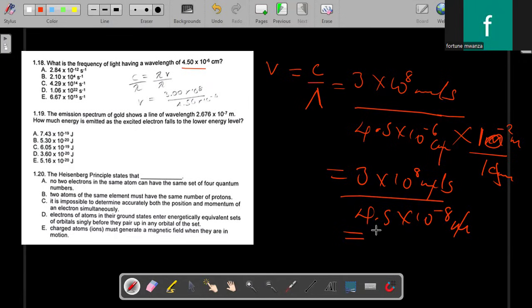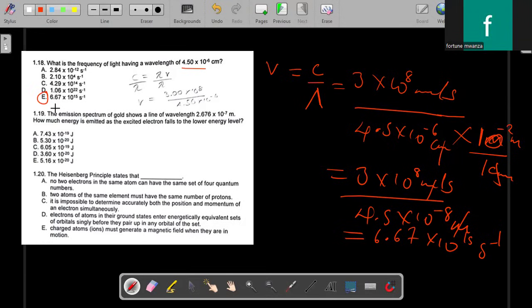Here you will get your final answer to be 6.67 times 10 to the power 15 per second, or hertz. That's your final frequency, which is E there.